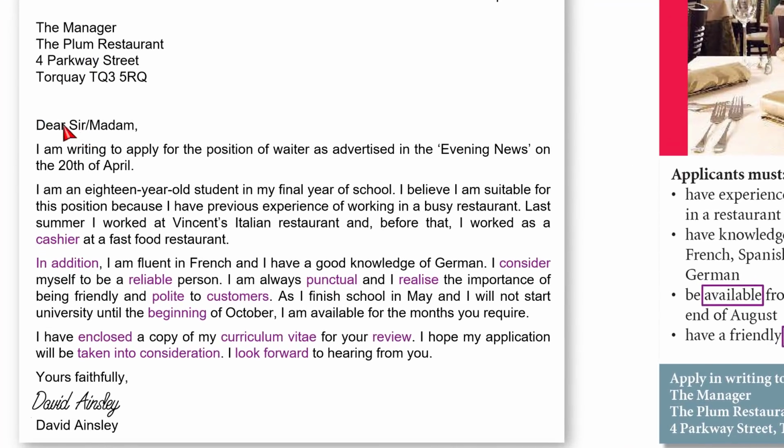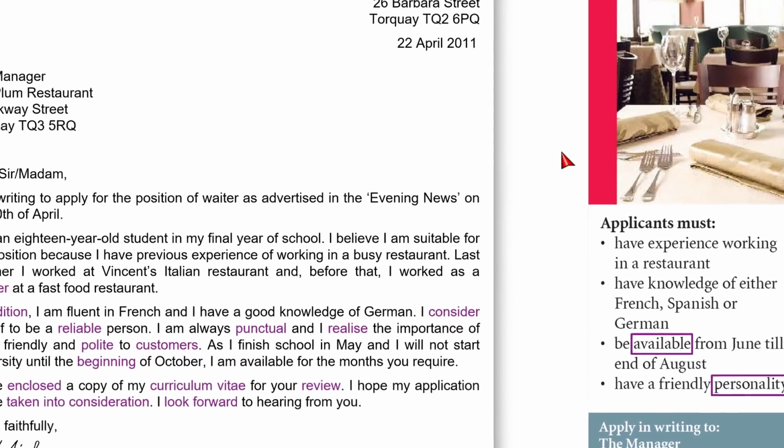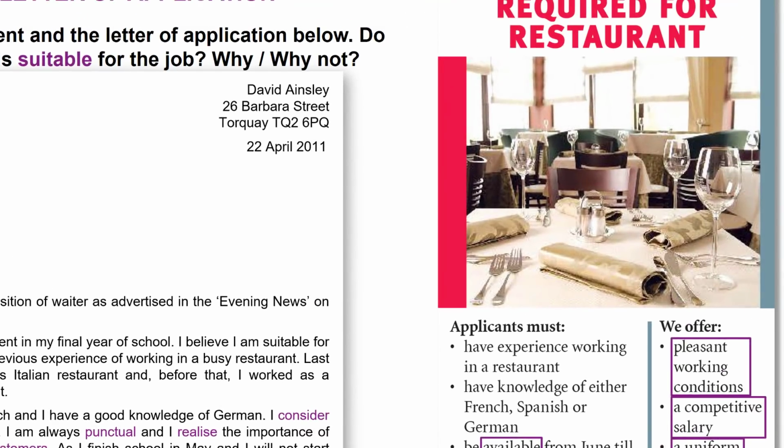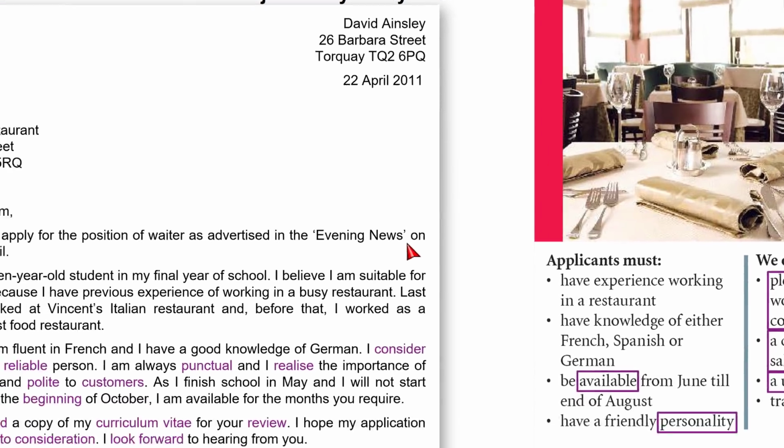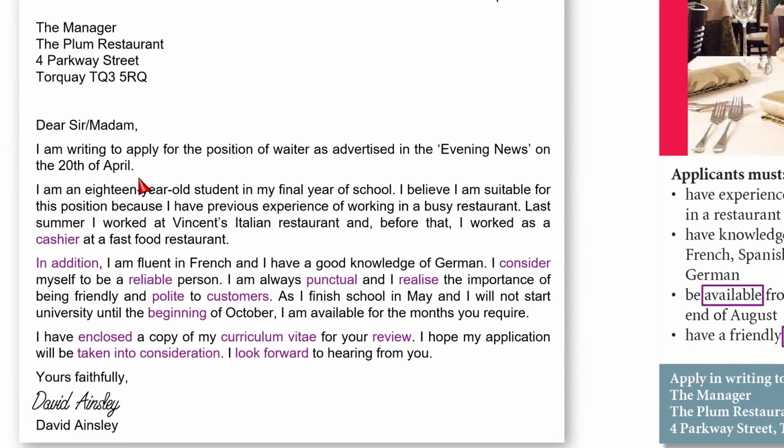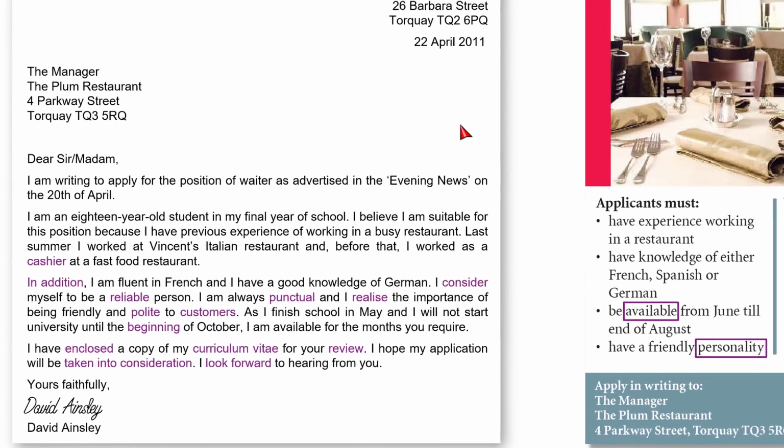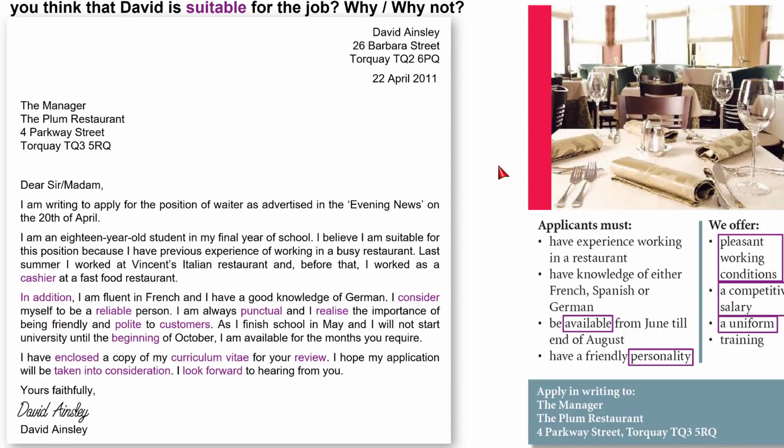Dear Sir or Madam, if she is a woman, I am writing to apply for the position of waiter, the job of waiter, as advertised in the Evening News. This advertisement was in the Evening News on the 20th of April. This is the date this advertisement was published. He wrote this 2 days after he saw the advertisement.